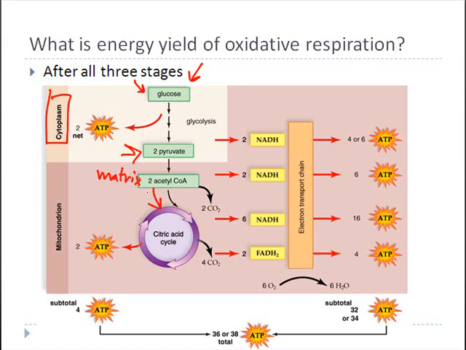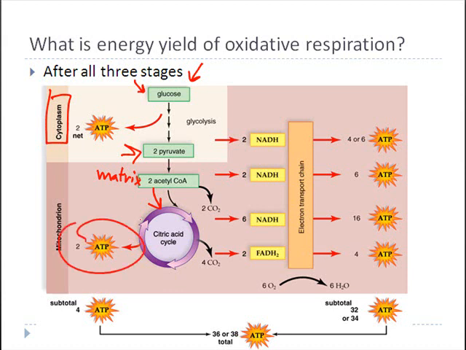Okay, now we have those two acetyl molecules entering into the citric acid cycle, and remember we involve a whole series of enzymes, and you should know, well, at least kind of the order and idea here: we started out with citrate, we produced ketoglutarate, then we produced succinate, fumarate, and oxaloacetate.